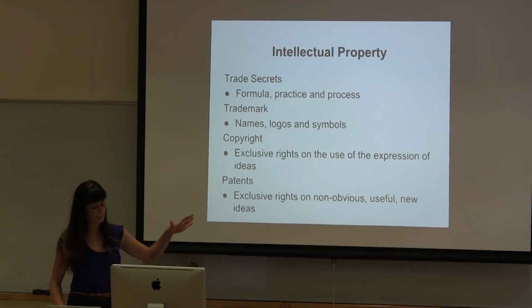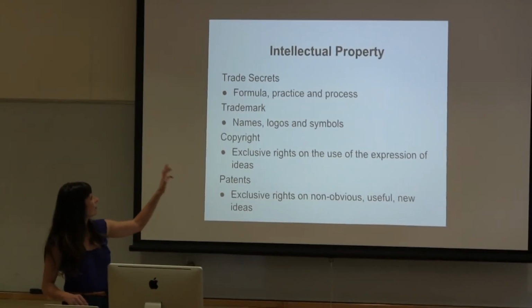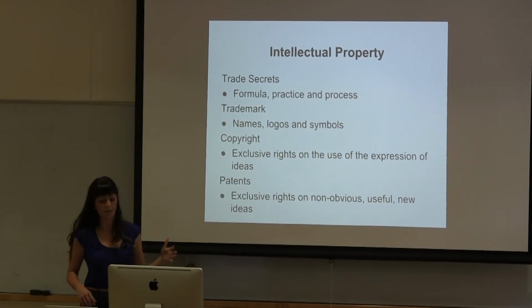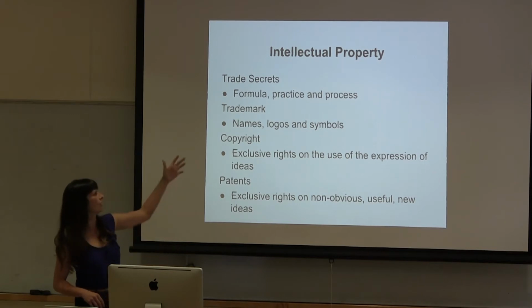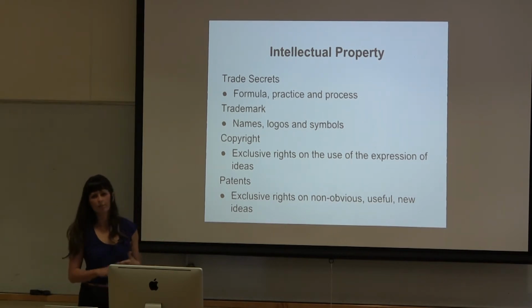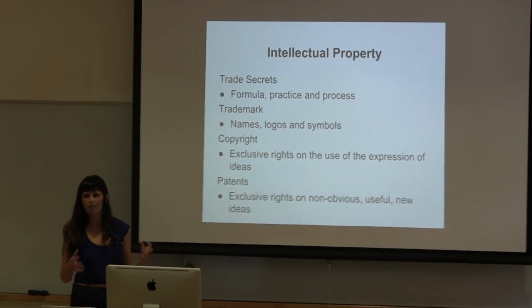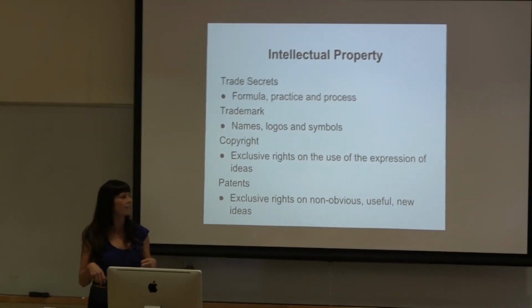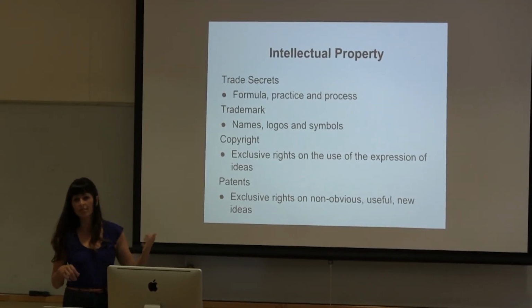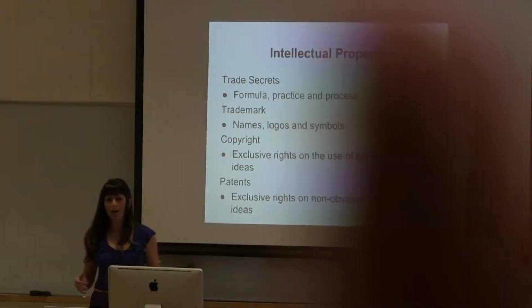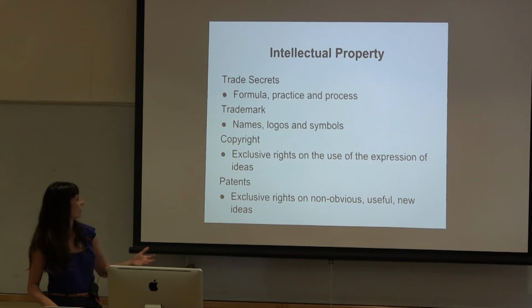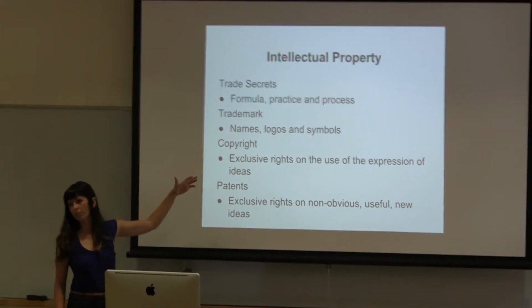So from this idea, this is basically the forms of intellectual property that we have. So trade secrets, you've heard of them, but they're formulas, practices, processes. Usually they're within the companies. Trademarks, names, logos, symbols, everyone sees these all the time. And then we start to get into our exclusive rights.